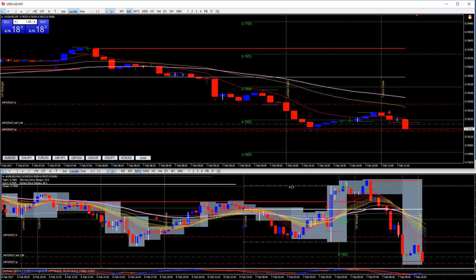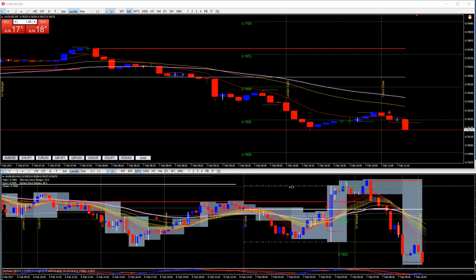There's a likelihood of a little bit of a pullback here, so I'm going to just take the 3 pips and be happy with it. I got 3.5 on it right now. I'm happy with that, and then we move on to the next trade, see what's out there.